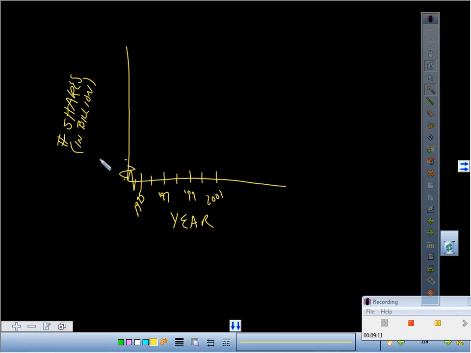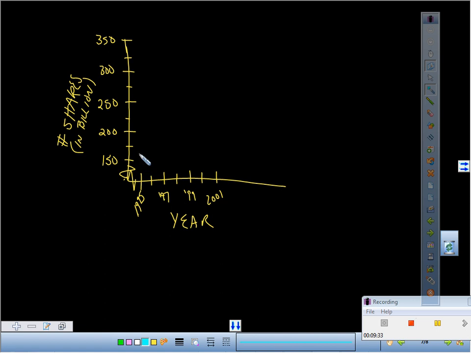Okay, so here's 150. Here's 175. There's 200. 225. 250. 275. 300. 325. 350. And now I'm going to graph everything.